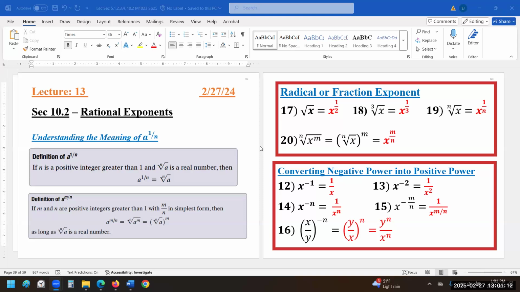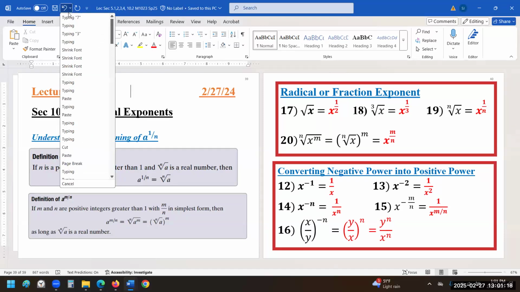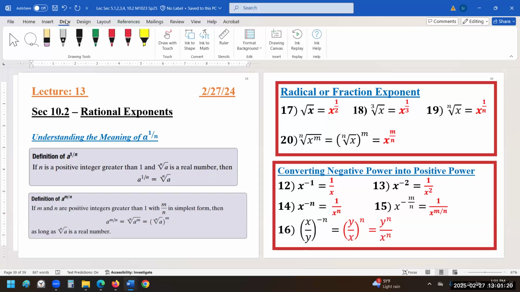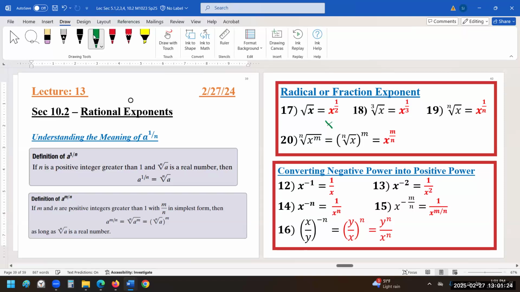And these are actually power, x to the power 1/2. So it's x to the power 1/2. This one is x to the power 1/3. This one is x to the power 1/n. All of these are exponents.